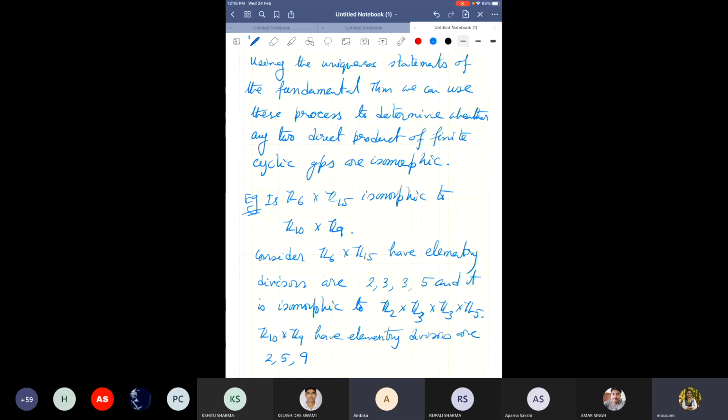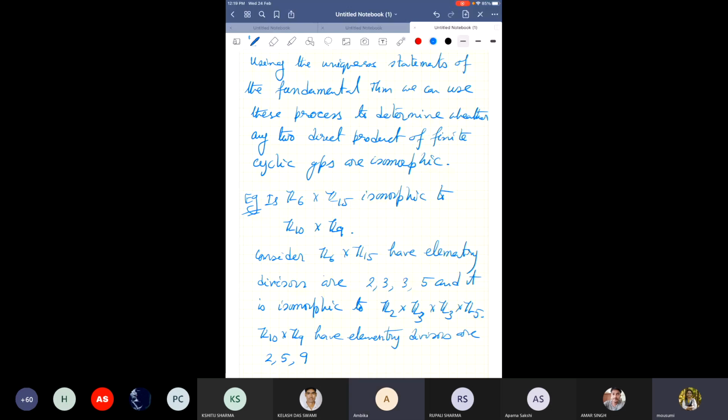What fact are we using? We are using that if GCD of m and n is 1, then Zm cross Zn is Zmn. That is what we are using to find the elementary divisors. So here the elementary divisors are 2, 5 and 9, and it is isomorphic to Z2 cross Z5 cross Z9.